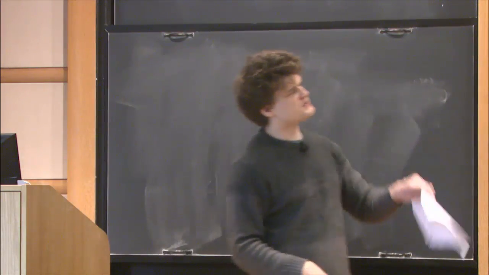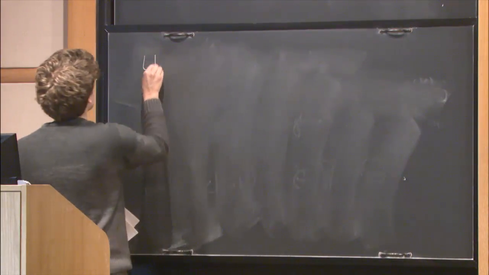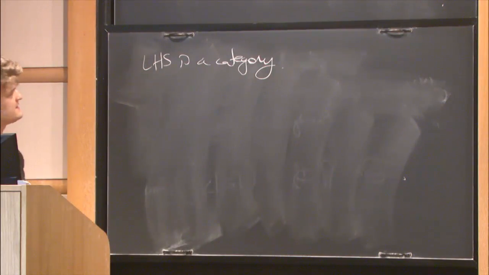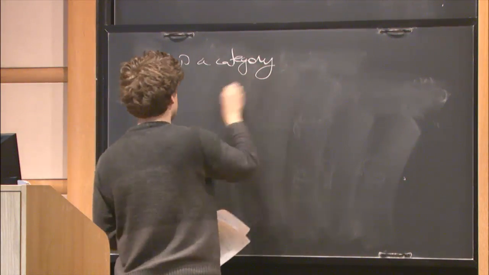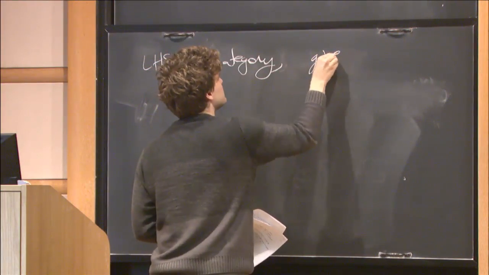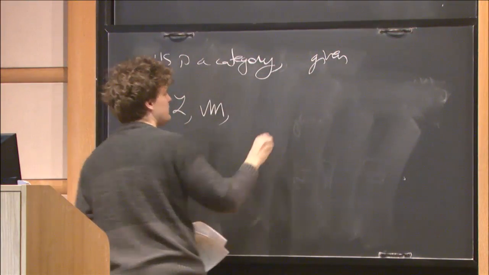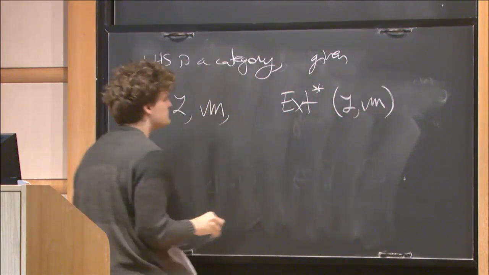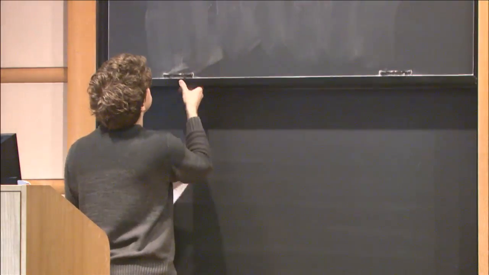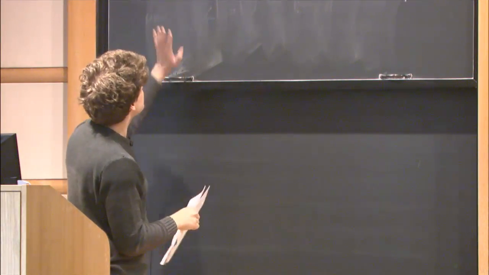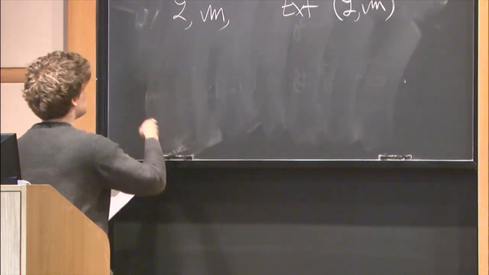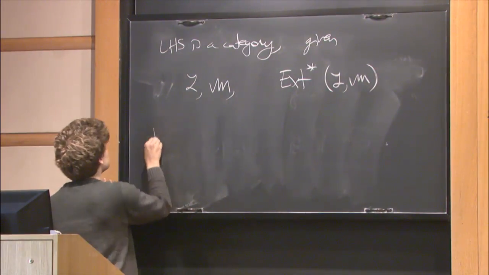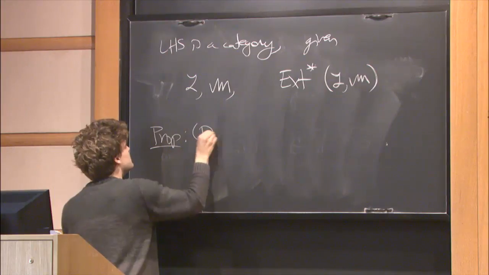So the left-hand side of that bijection is a category. And, well, right, given two line bundles, you can compute Homs or Exts between them. And those Ext groups have a computation in terms of the right-hand side due to Demazure. Here's a special case.